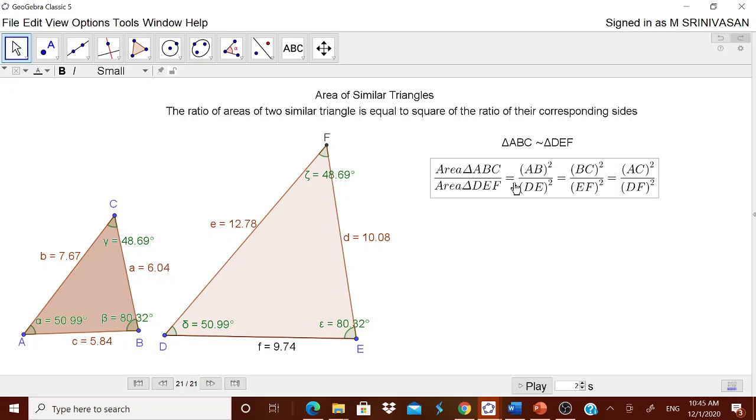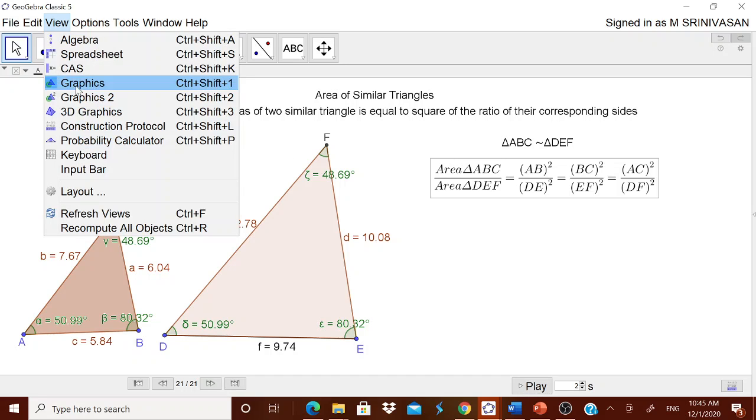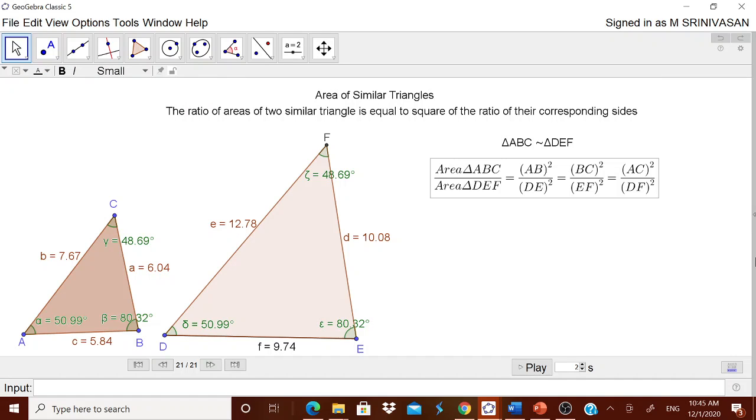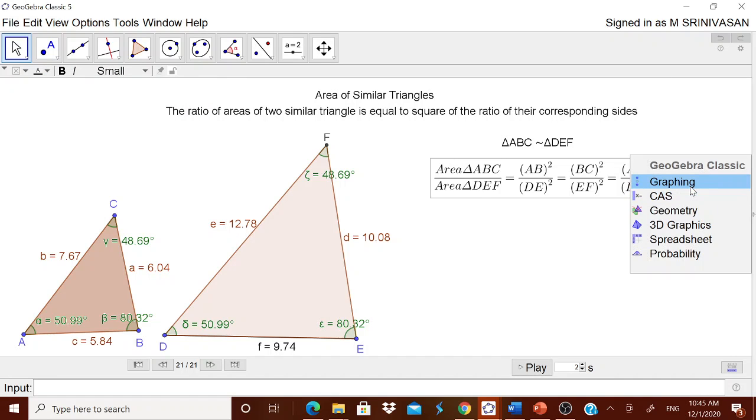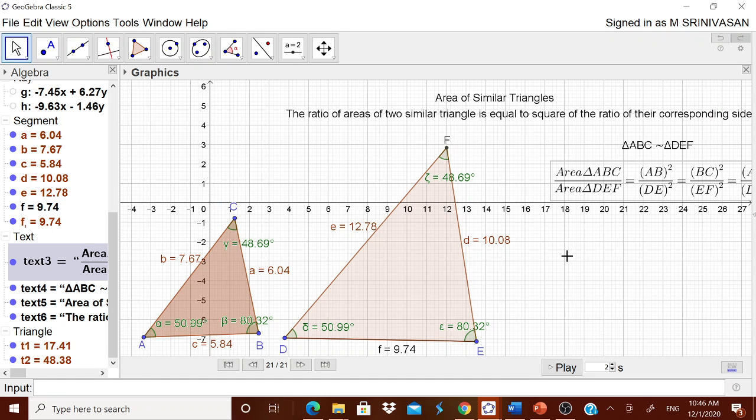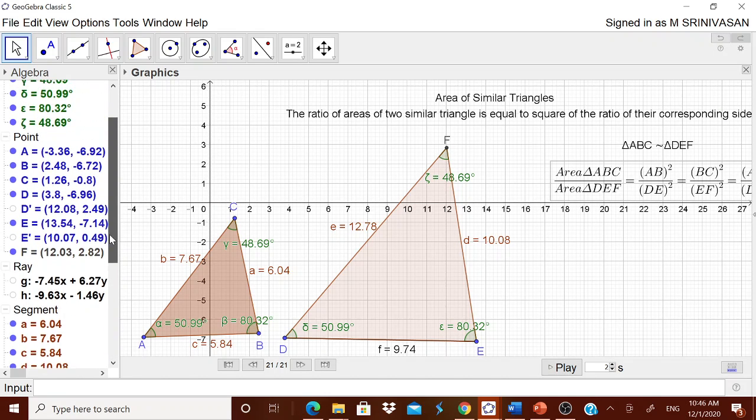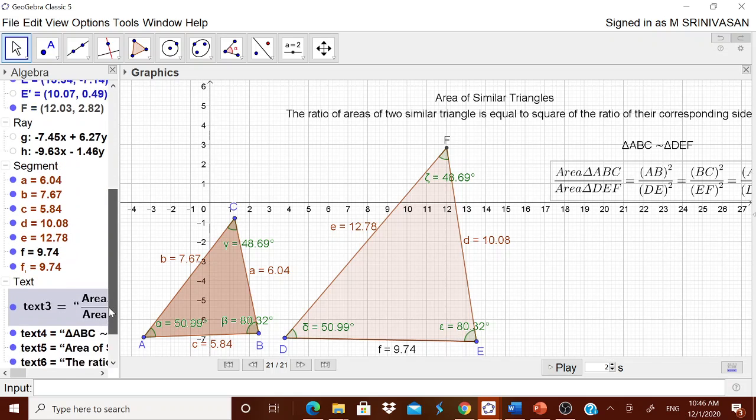Now, for the children to visualize it, we have to tell the value of it also. For that, we have to go for this view, go to this input bar, let the input bar be ready. Now come back to this graphing. You see, you have to be very careful. Now we are going to assign some variables. We have to check up to what variable GeoGebra has already taken care of.